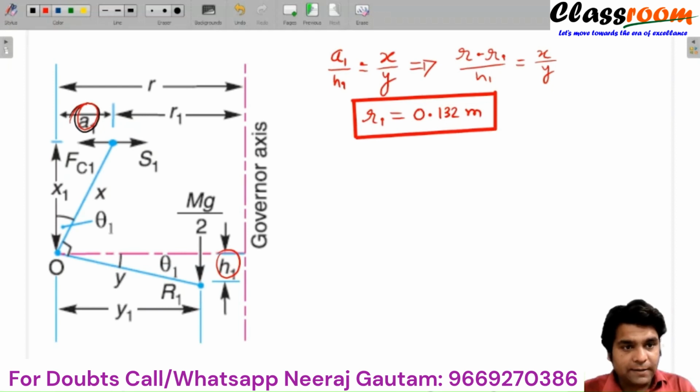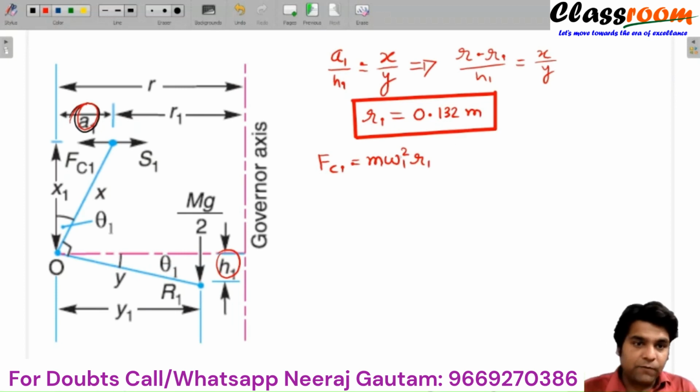Now we can write the centrifugal force for this configuration. Fc1 is equal to m omega 1 square R1. Here we don't know the value of omega 1.